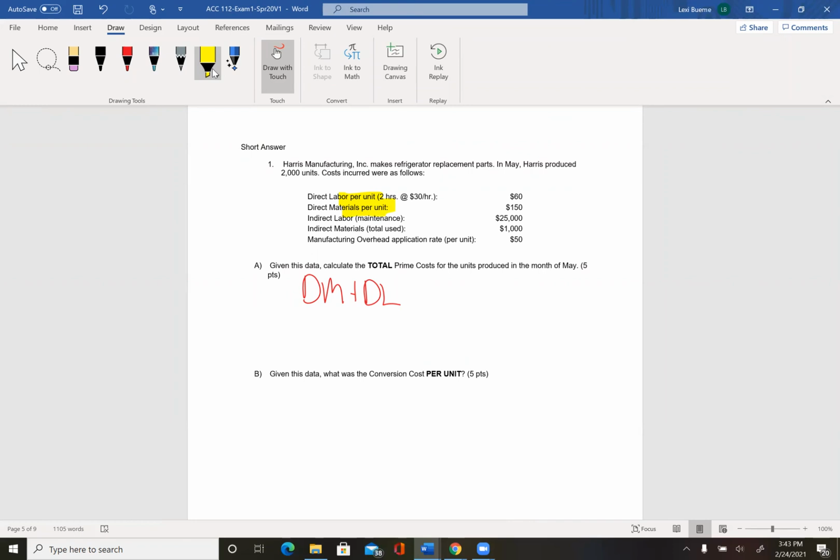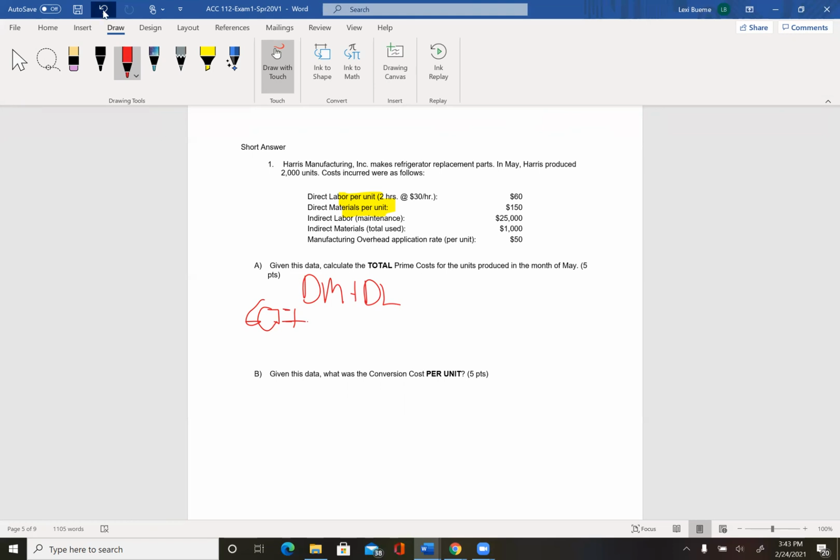So the direct materials per unit is 60, which is given. And then direct labor is going to be the 60.